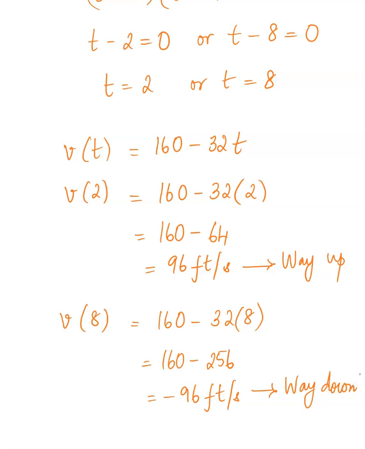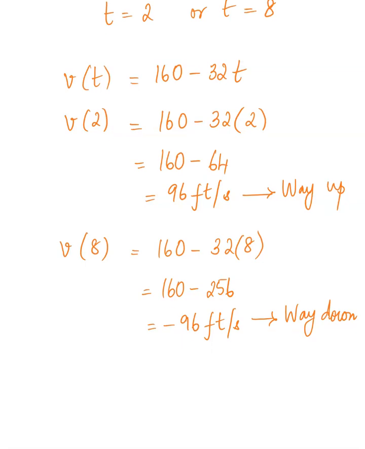So clearly we know that they can take different signs. And it makes perfect sense because the positive velocity is the way up, and when it changes direction, the negative velocity indicates the way down. Okay. And we are asked to find the speed. Speed will be absolute value of v of t.